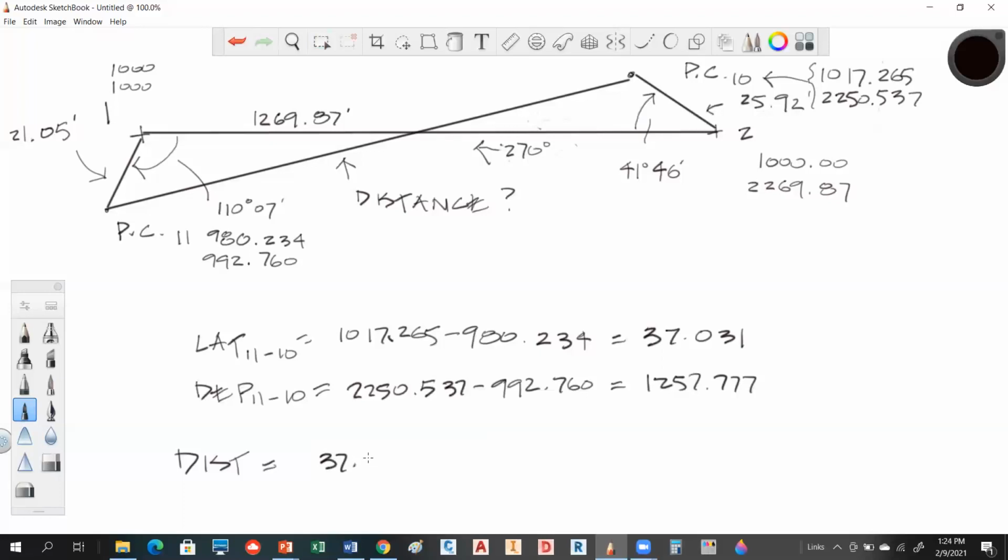So we're going to take and square the latitude and square the departure, and then take the square root of those sums.